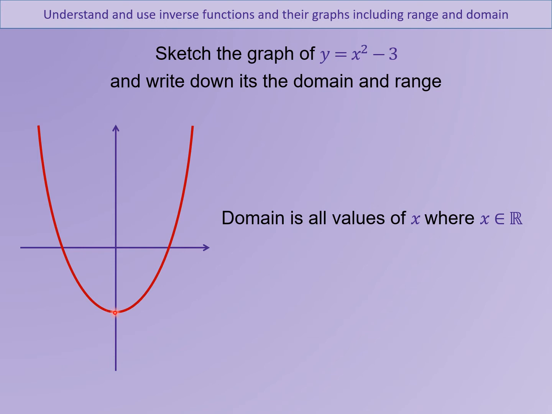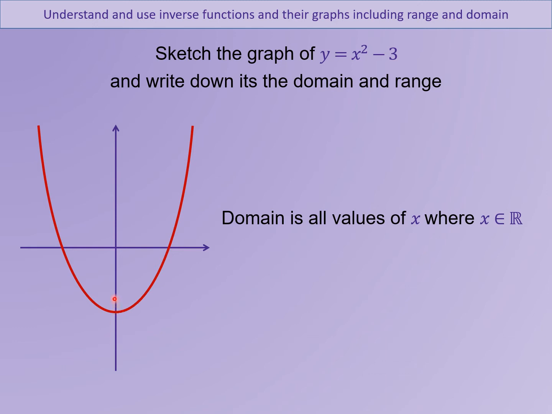And it doesn't matter which number you try and put in there, you're never going to get an answer that gets down to -4. You could try any number within the domain, but you're never going to get -4 coming out.